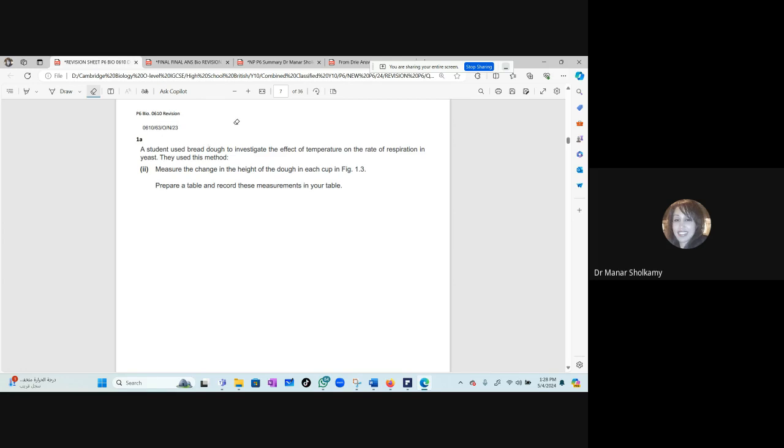Again, in a table, what is the independent variable? The temperature change. Yes. And of course, you will have to put the units in the header, no units in the body of the table. So if the temperature in the question was, let's say, 20, 30, 40, then you will just write numbers.